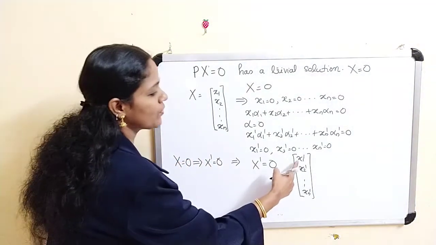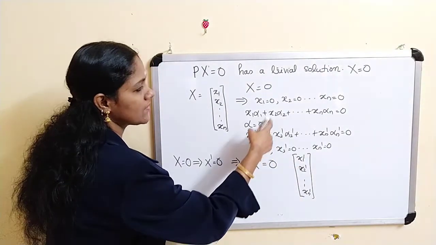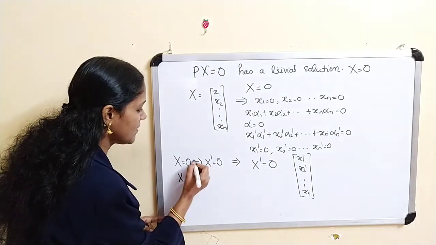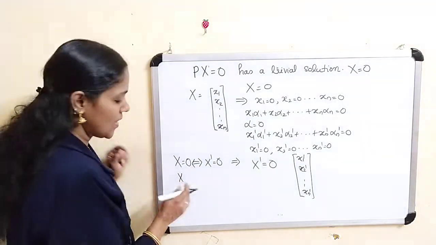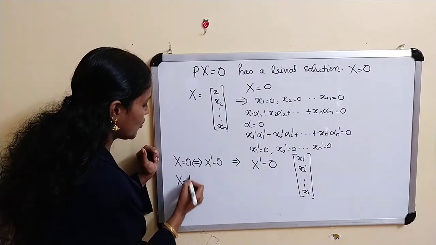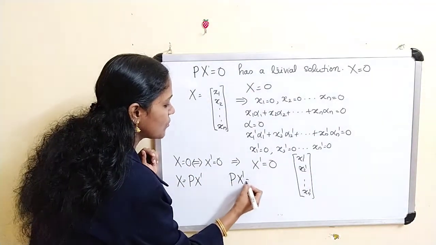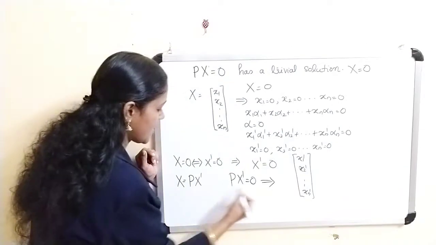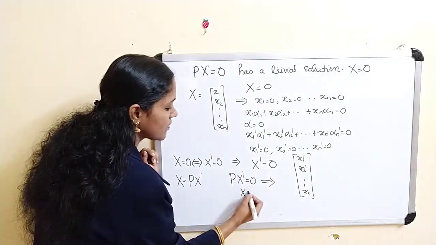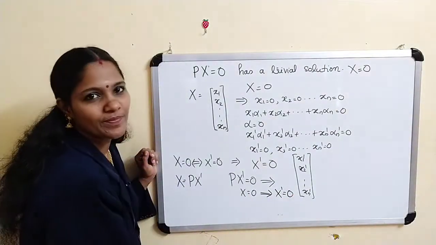Okay, similarly if you assume that x dash equal to 0, we get this and this. That is x dash equal to 0 implies x equal to 0. Therefore, what we have, x equal to P x dash. Therefore, P x dash equal to 0 implies x equal to 0, which implies x dash equal to 0.